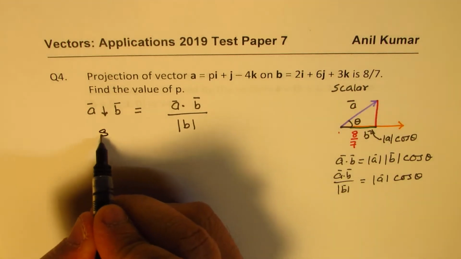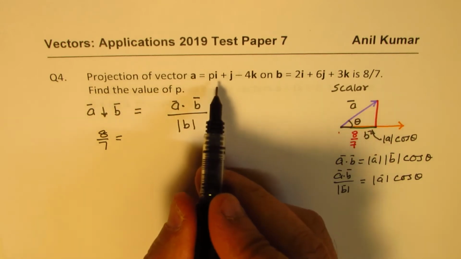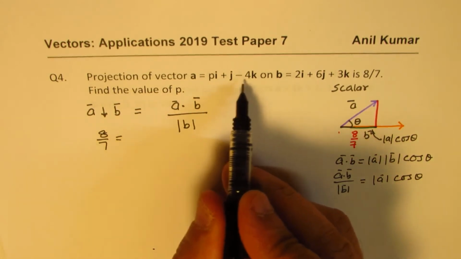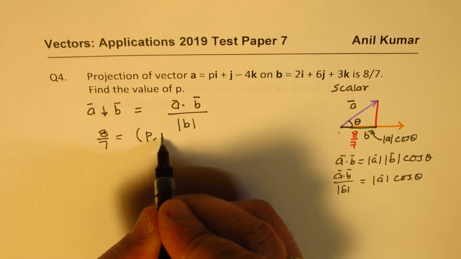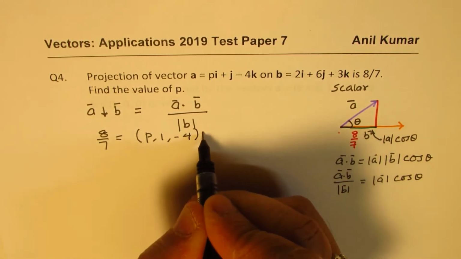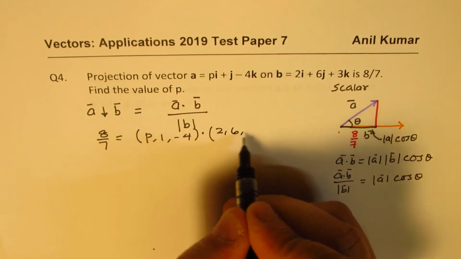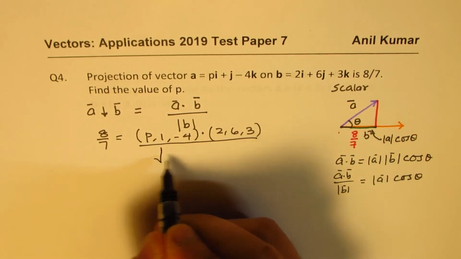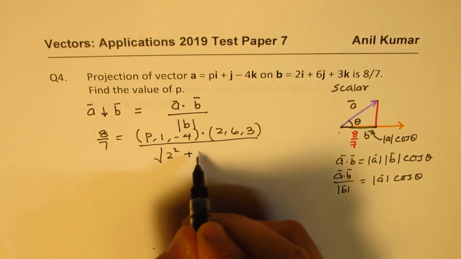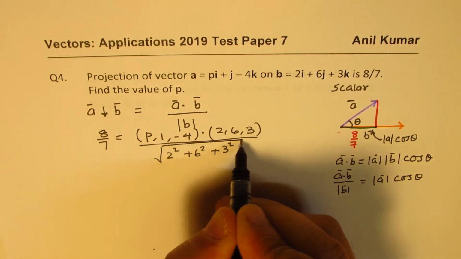So the projection of A over B is this, and let's find the dot product now. So the vectors are these. Let's write their components. Their components are P, 1, minus 4, dot, for B it is 2, 6, 3, correct, divided by the magnitude of B, which is square root of 2 square plus 6 square plus 3 square, correct.